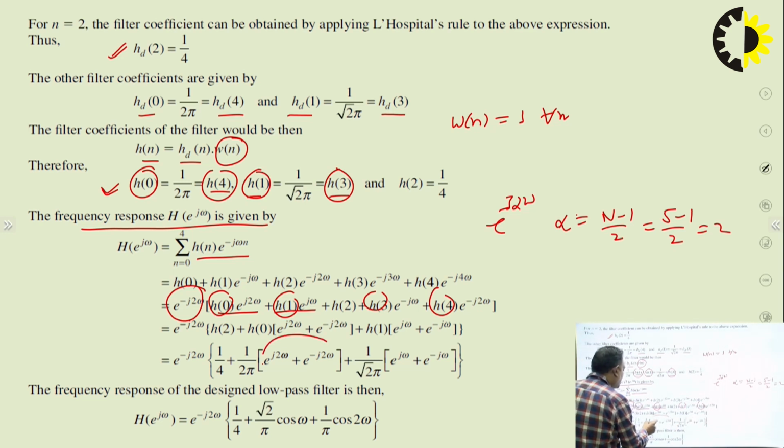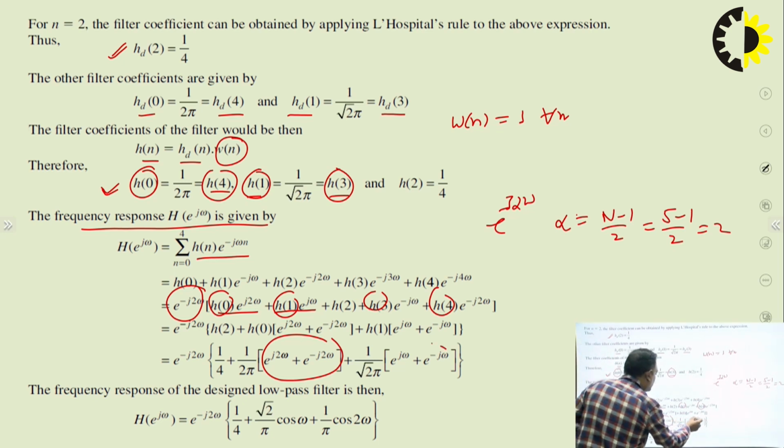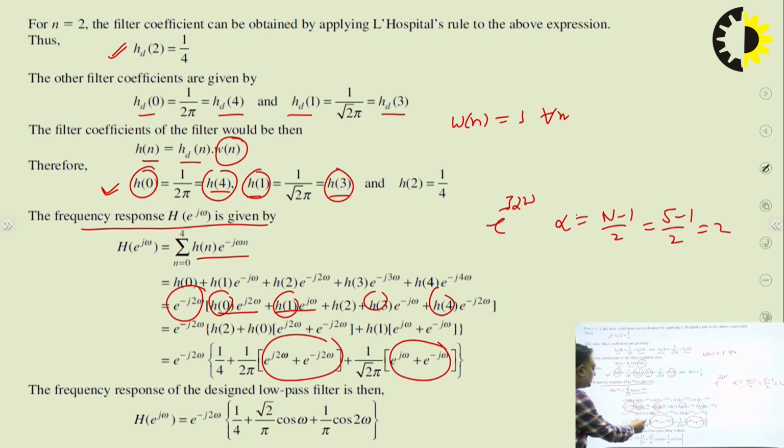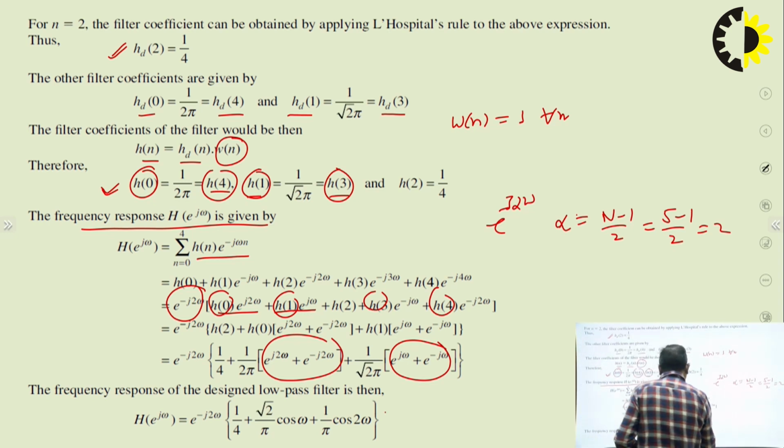And you know e to the power j 2 omega plus e to the power minus j 2 omega is nothing but 2 cos 2 omega, and this term is 2 cos omega. So it will become 1 by 4 plus root 2 upon pi cos omega plus 1 by pi cos 2 omega. So this is the frequency response.